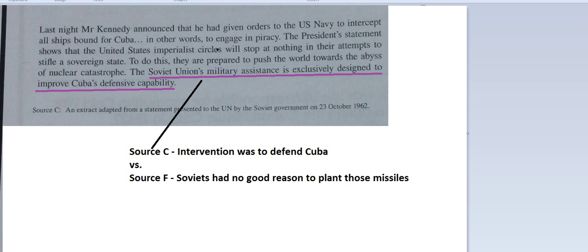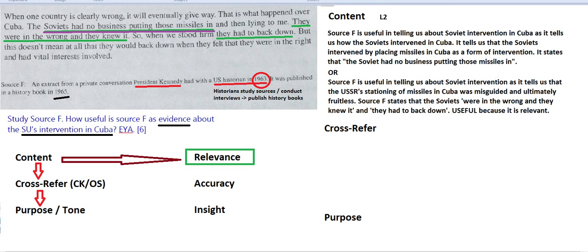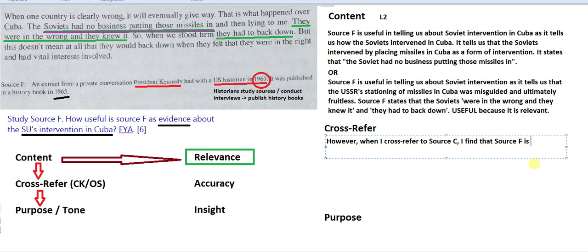So when we go back to the first one over here, to move on to the next level, you realize that when you cross refer to source C, I find that source F is limited in its usefulness as evidence about Soviet intervention in Cuba.